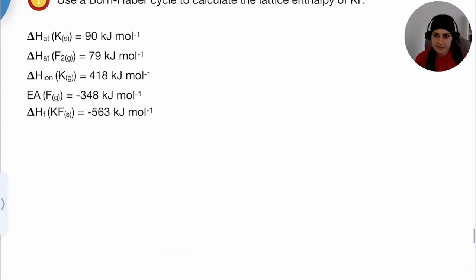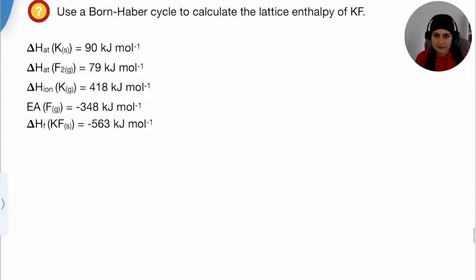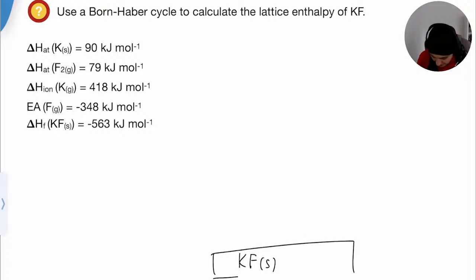Use Born-Haber cycle to calculate lattice enthalpy of KF, potassium fluoride. So the first thing that I would do is write potassium fluoride at the bottom as solid. So that's my KF. Then I would write down the reaction for a lattice enthalpy.